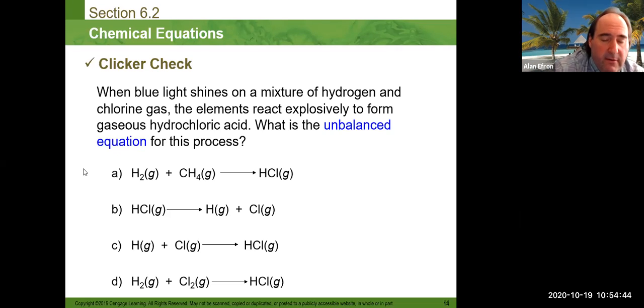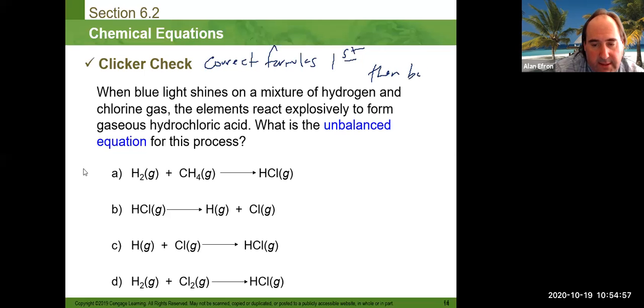You always want to follow this path here. Always want the correct formulas first, and then balance. It's very common in a case where our reactants are given to us and you need to figure out what's going on over here on the product side.